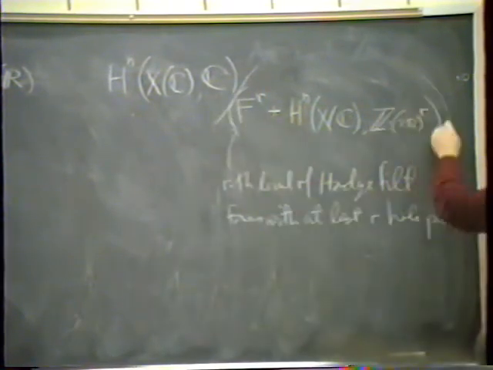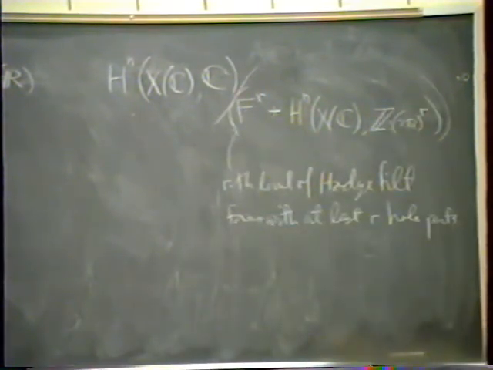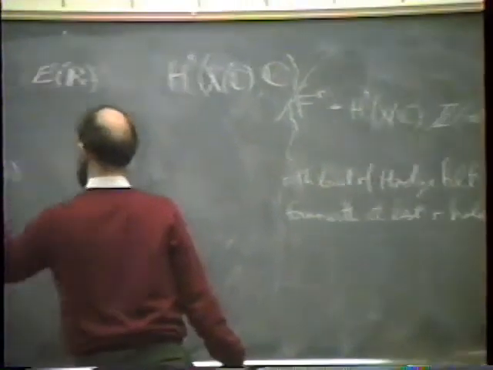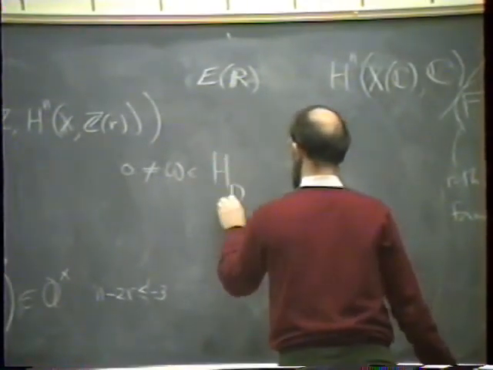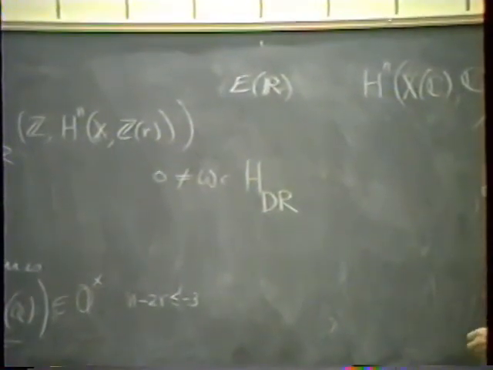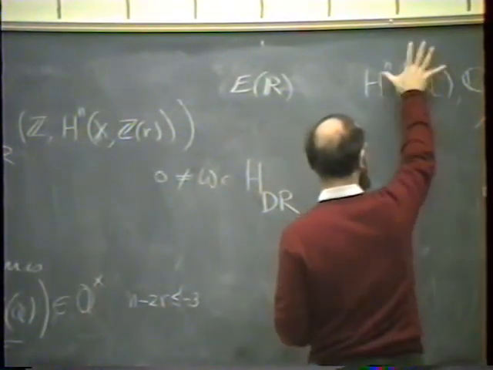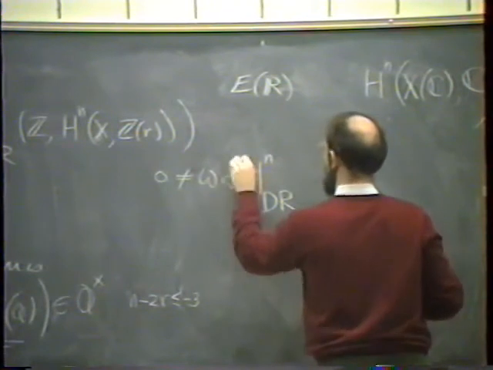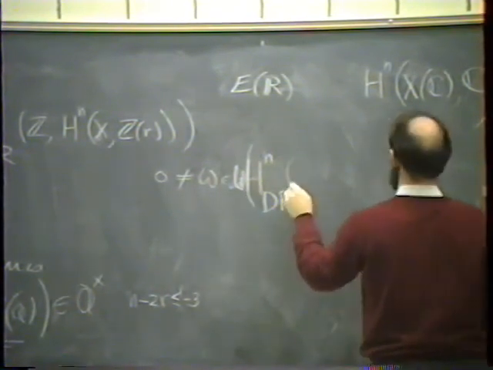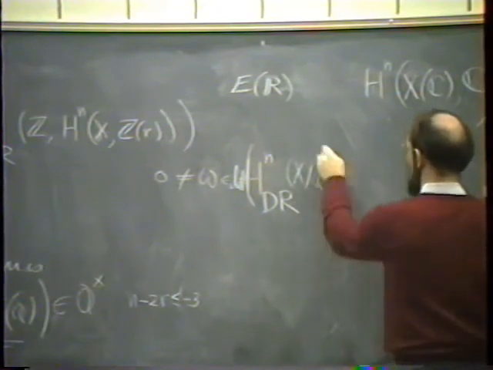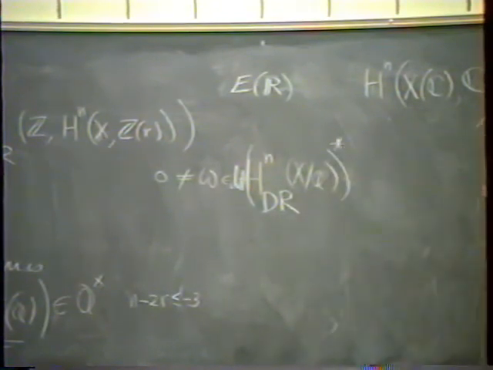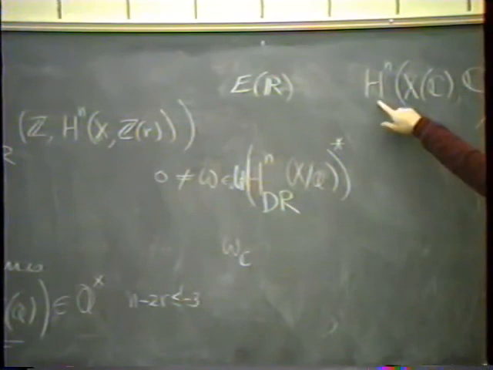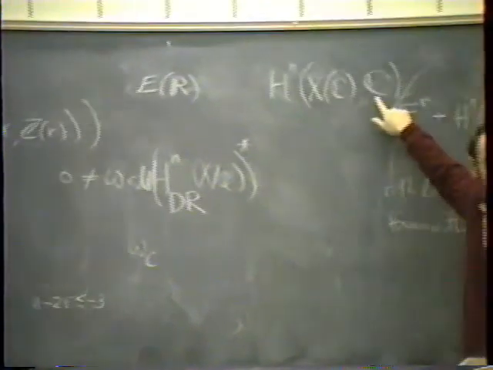So I take that quotient there, and my omega is to be a non-zero element in the, now I have to talk algebraic geometry talk, the de Rham cohomology, which is sort of just a way of playing this game, but over Q, and I take the determinant of the nth de Rham cohomology of X over Q, dual, and omega_C, the complexification of omega, then defines for me a measure on this group here.